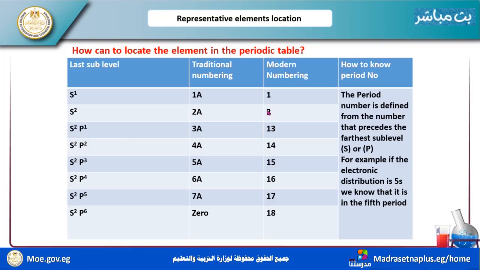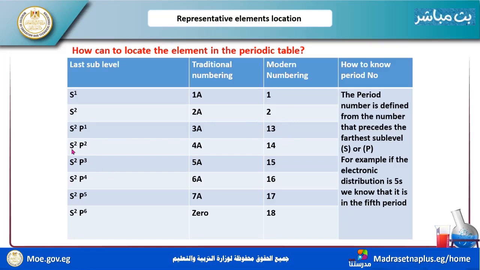This number is defined from the number of what? Of the principal. s2 p1 is 3A, which is 13 in the modern number or number of column.